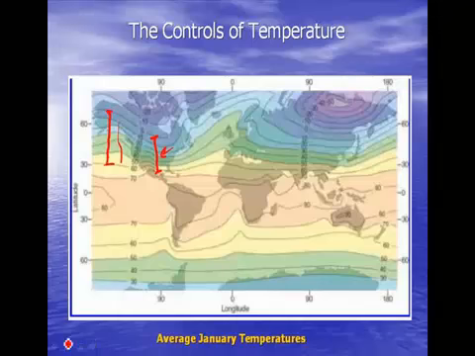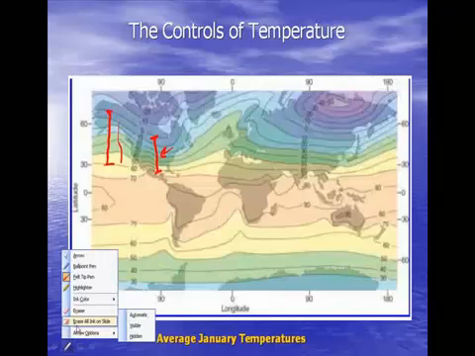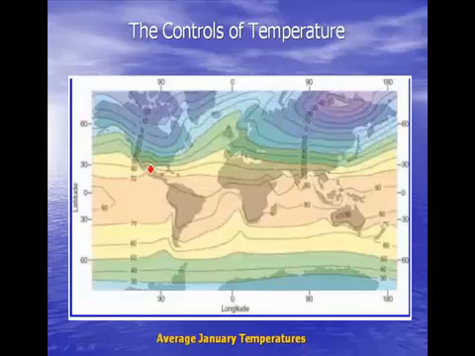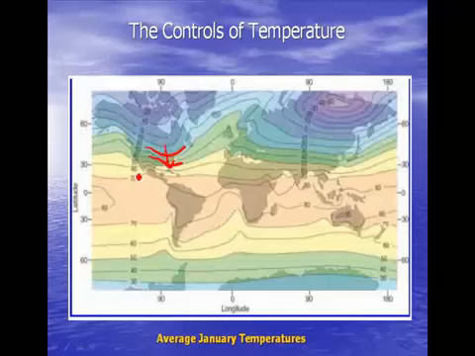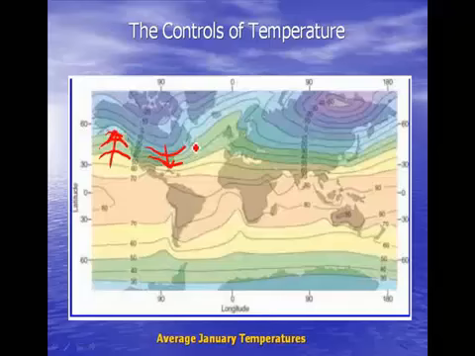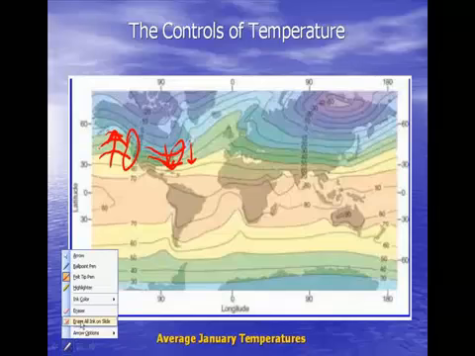Also notice that the isotherms, that's the lines of constant temperature or equal temperatures, over the continent begin to point downward. Whereas over the ocean here, over the Pacific Ocean, they begin to point upward. Down over the ocean on this side, they begin to point downward. And notice right along the coast is a change where the isotherms begin to spread out.